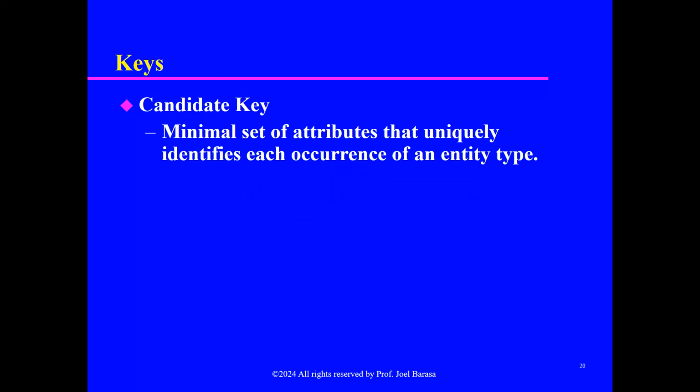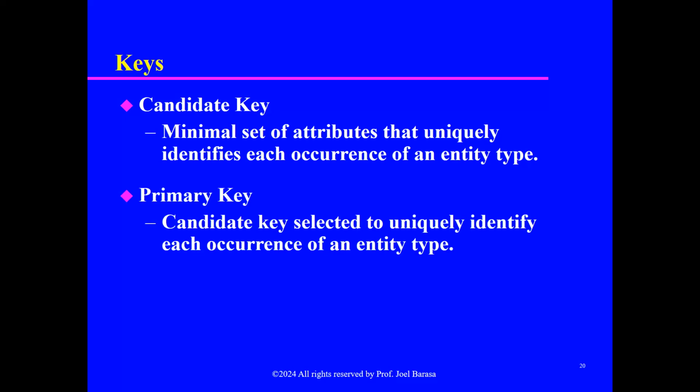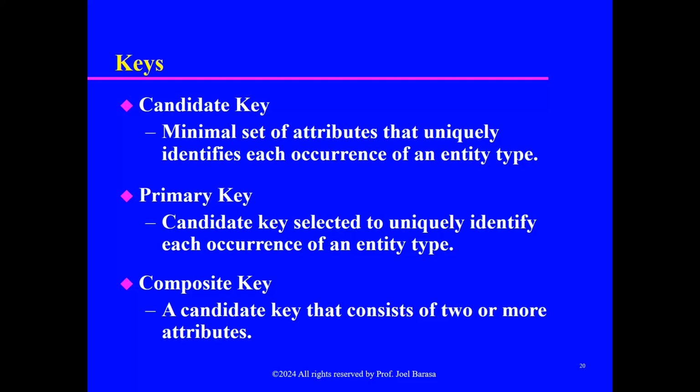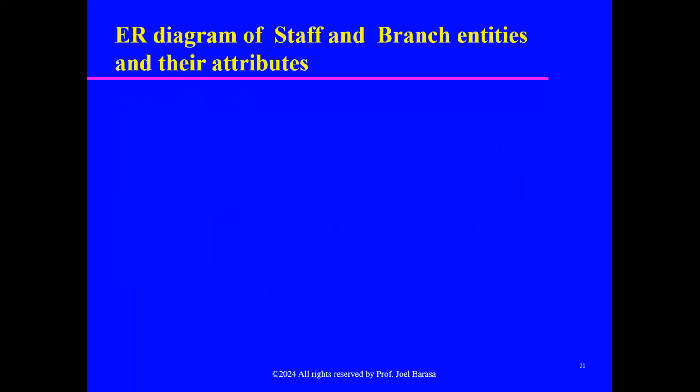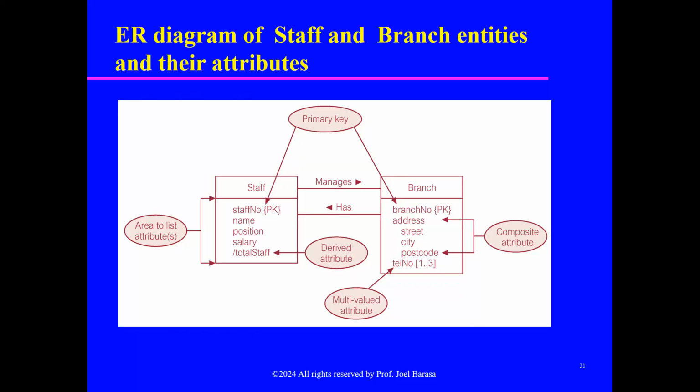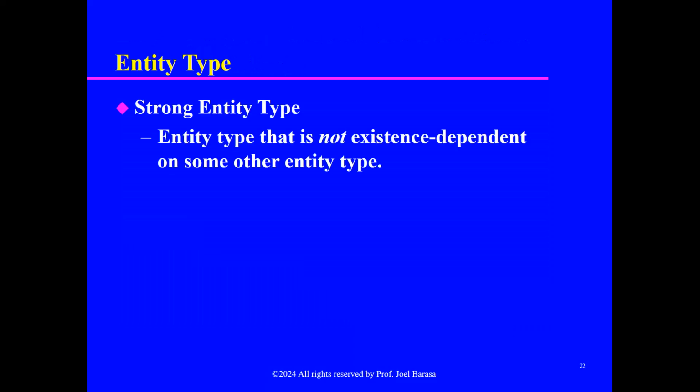So let's talk about keys. You have a candidate key, which is a minimal set of attributes that uniquely identifies each occurrence of an entity. We have a primary key, which is selected to uniquely identify each occurrence of an entity type. We have a composite key, which is a candidate key that consists of two or more attributes. That is a small diagram to show those structures and explanations.